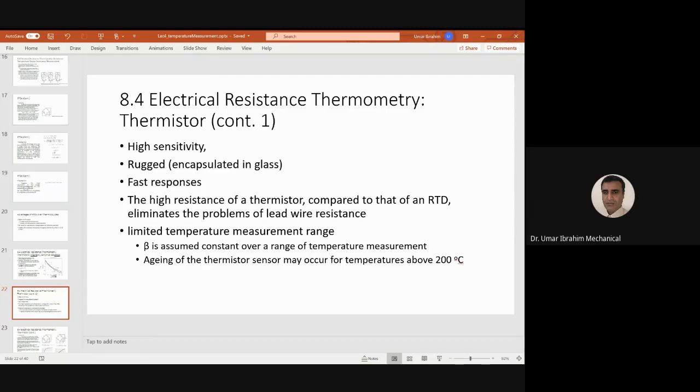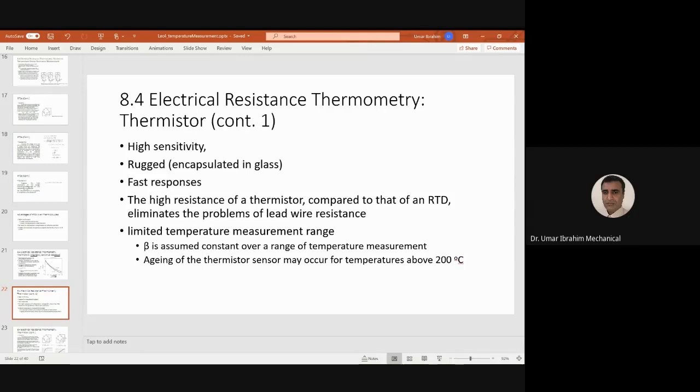So rugged, as per the dictionary, is strongly made and capable of withstanding rough handling.